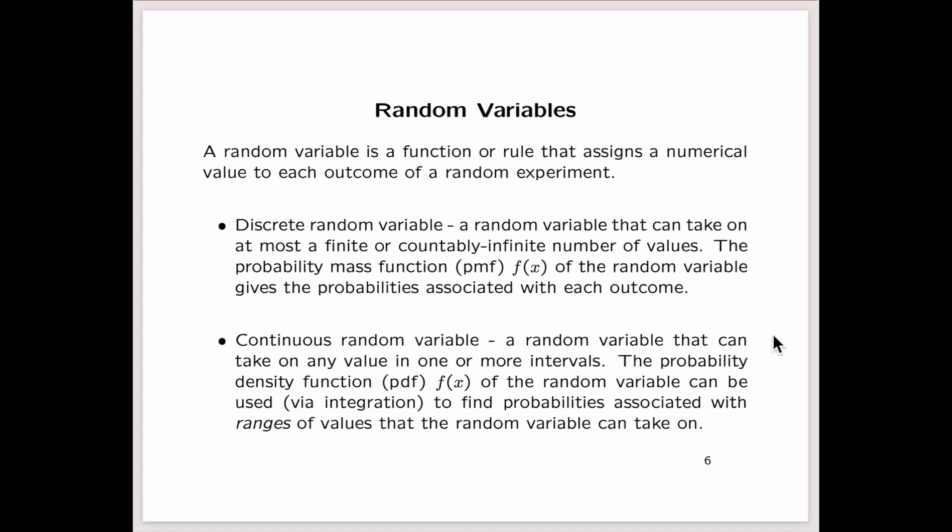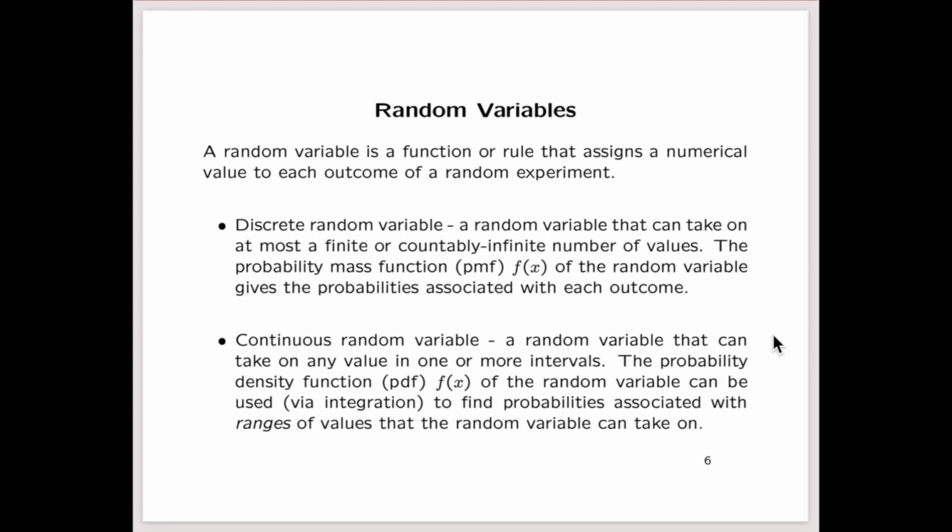Next, we have the other type or broad category of random variables, and these are continuous random variables. Now, a continuous random variable is a random variable that can take on any value in one or more intervals on the real line. Associated with a continuous random variable is what is called a PDF, a probability density function.